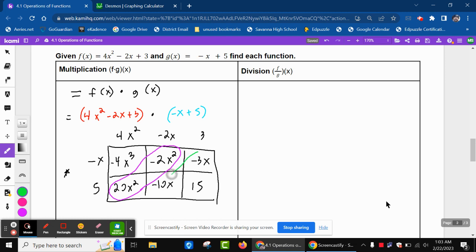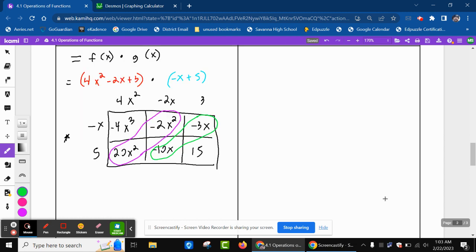And then these are the same. They both only have 1 degree of x. Everything else is by itself. So now I just need to combine those and I'll be good to go. So this will equal negative 4x cubed plus 18x squared minus 13x plus 15.